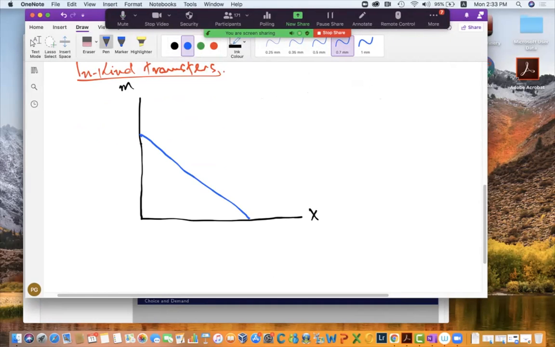And if there's a cash transfer, what will be the budget line? It will be like this. Initially, before any assistance, suppose the point of tangency was here. So let's fix that, A. Okay, so if there's a cash transfer, this is the budget line, right?